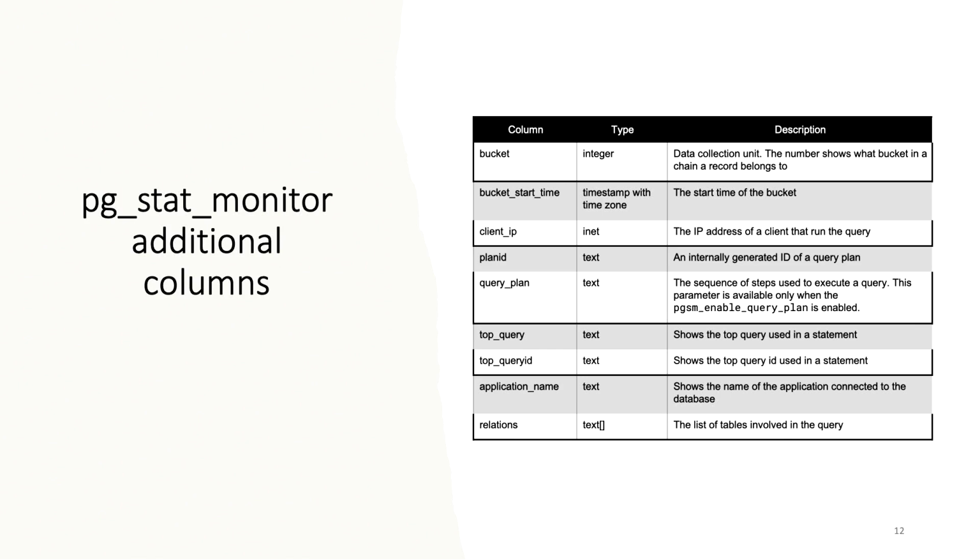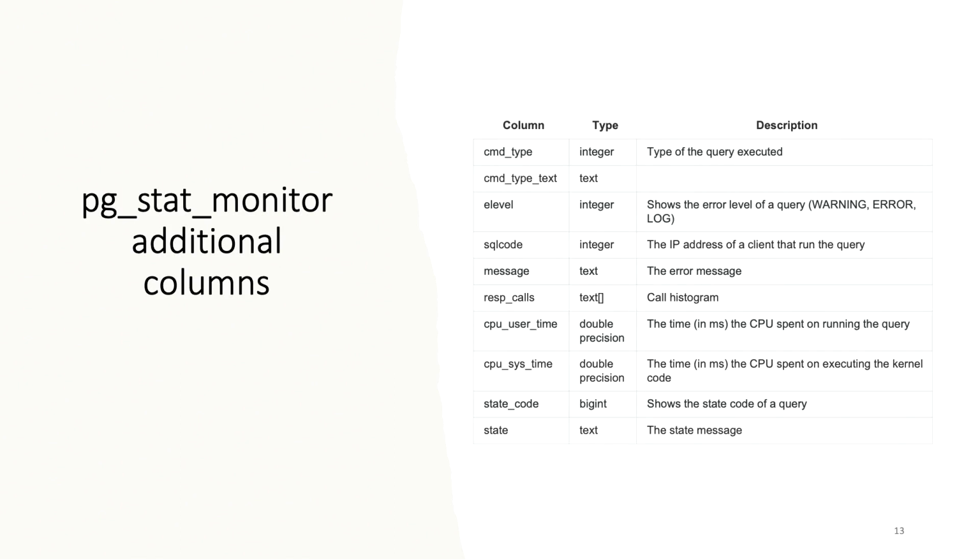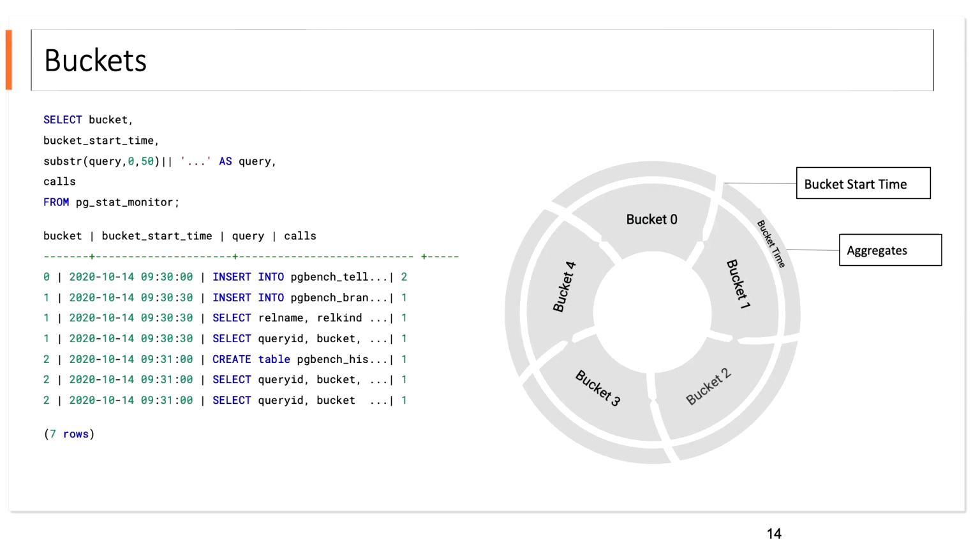There's the top query ID, the application name from where that query is coming, and the relations, how many relations are there in the query. We will discuss these one by one. There's also the command type, error message, CPU time, and so on.